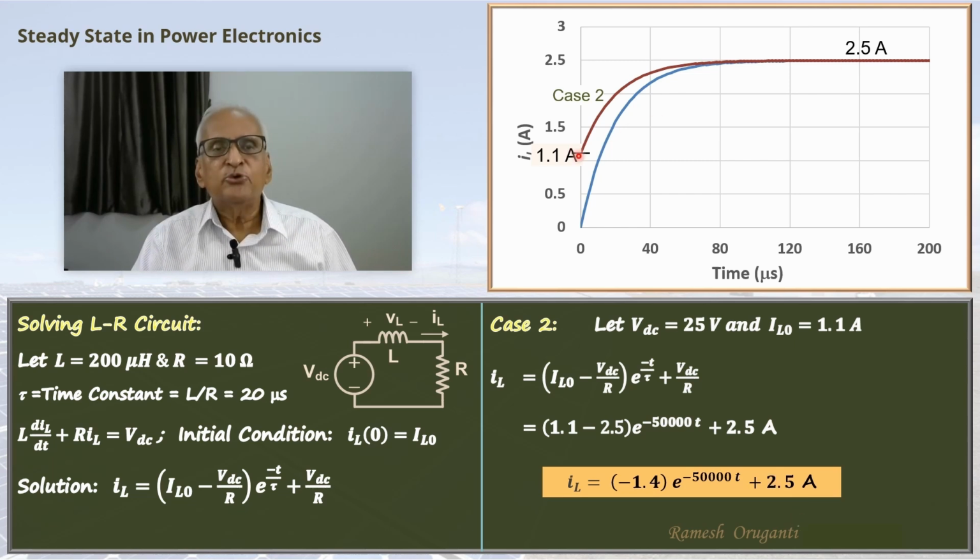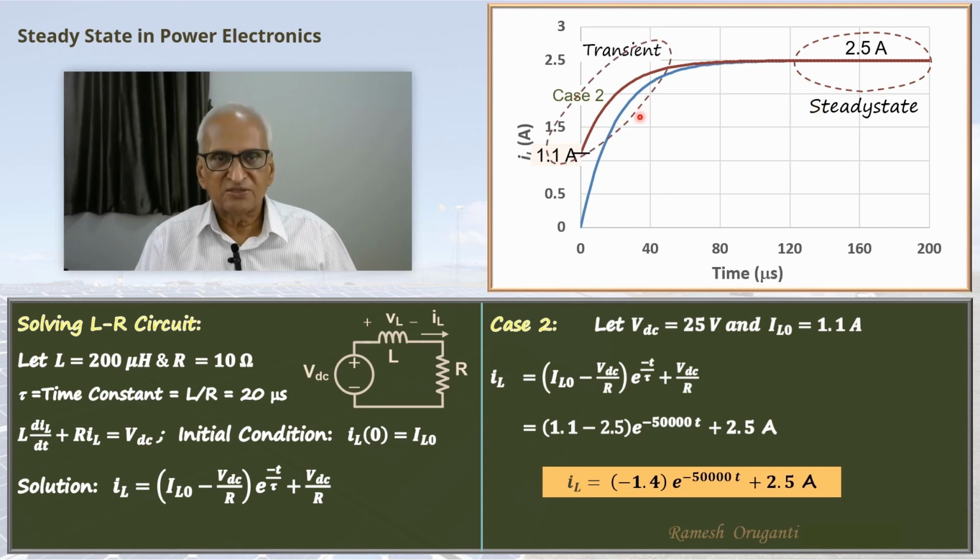The starting value is 1.1 ampere because the initial current is 1.1 ampere. If I put t equal to 0, e power minus 50,000 t becomes 1, and minus 1.4 plus 2.5 is 1.1 ampere. So starting from 1.1 ampere, the current quickly builds up to 2.5 ampere. So this is case 2. Here also this is the steady state part and this is the transient part.